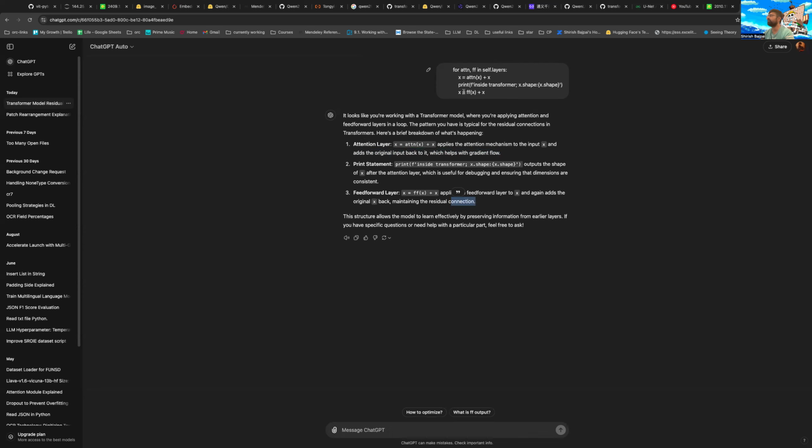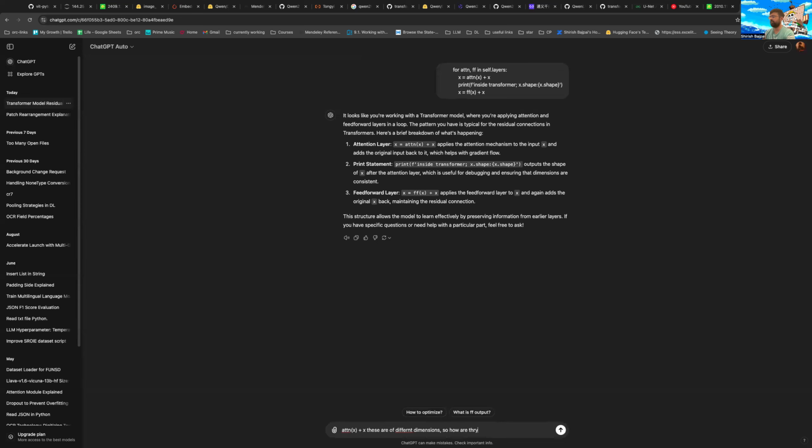Residual connection, yeah. But I'm getting a little confused. These are of different dimensions.